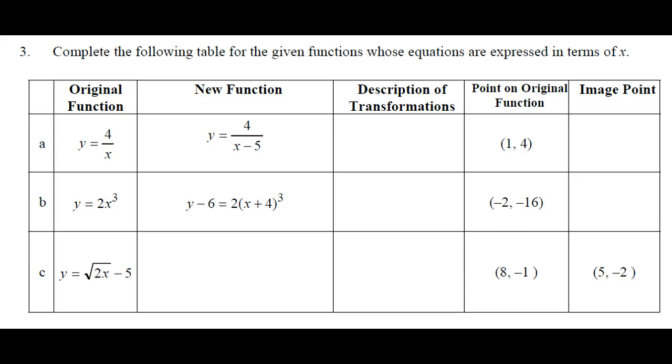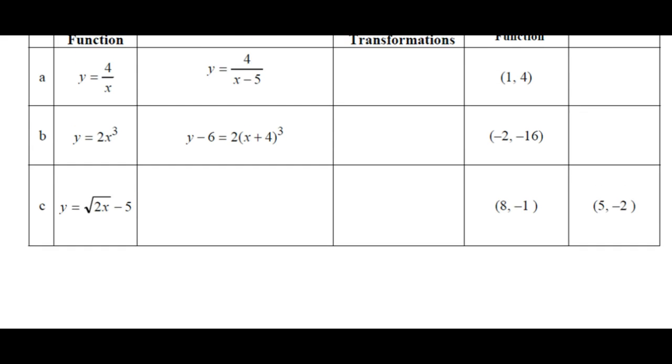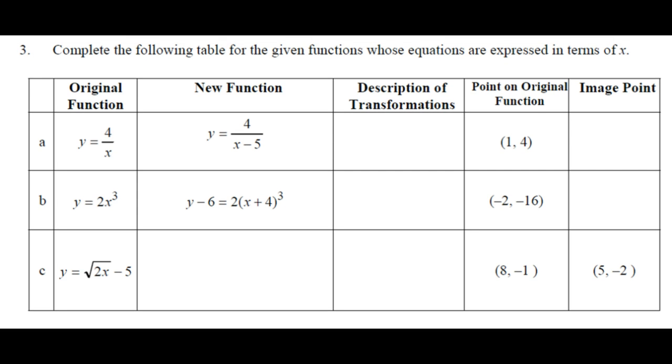Complete the following table for the given functions whose equations are expressed in terms of x. Okay, so, well, the first one's pretty easy, right? So you can do that one. Second one, so description of transformations. Let's describe the transformations in B. So what's happening?